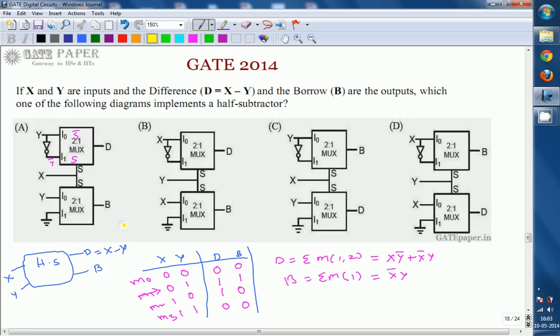We can write the difference by multiplying each input with its corresponding minterm, S bar and S. Whatever you get are products, and later they are summed up. The output of a multiplexer is a sum of products expression.